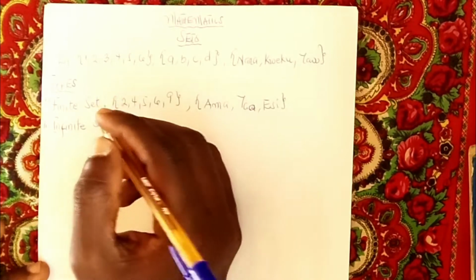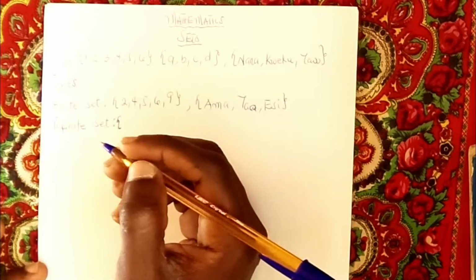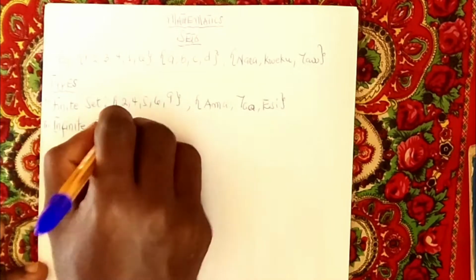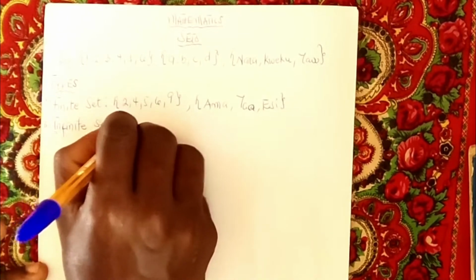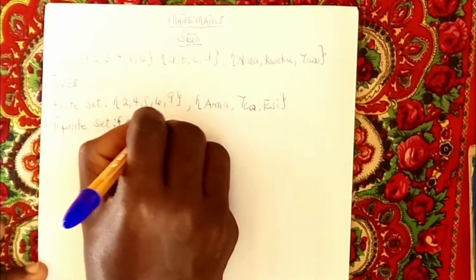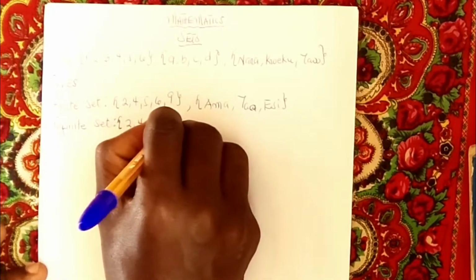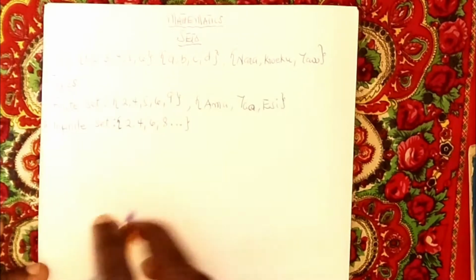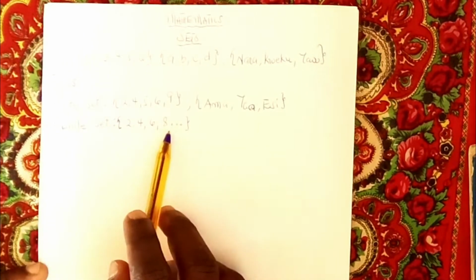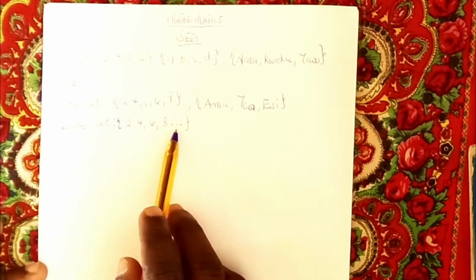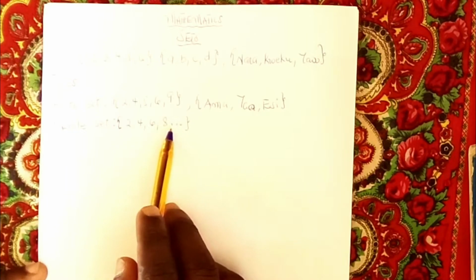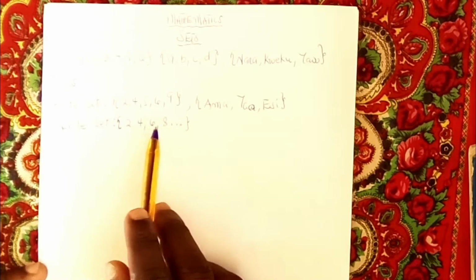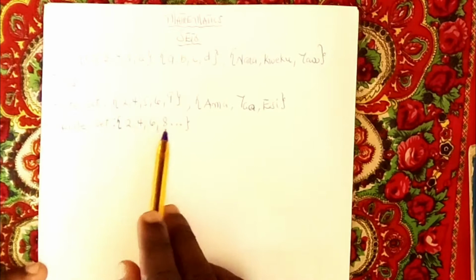For example, we have a set of even numbers. We have 2, 4, 6, 8, with our 3 dots. These 3 dots illustrate the fact that the numbers go on and on and on, making it an infinite set.